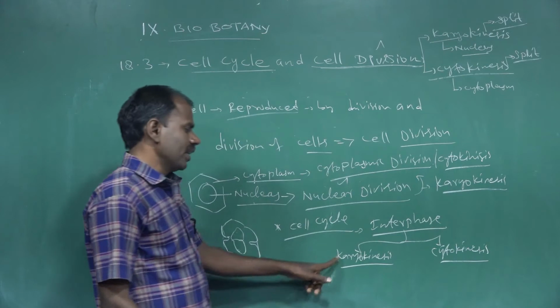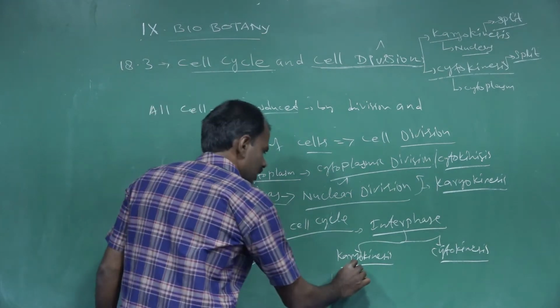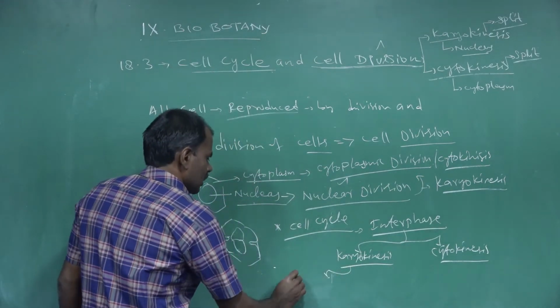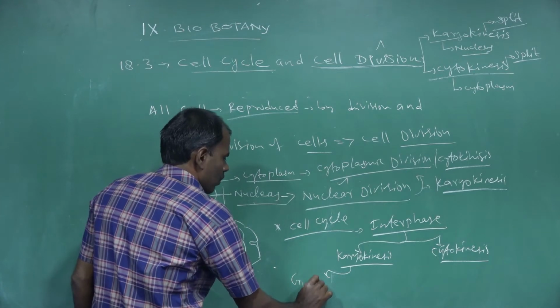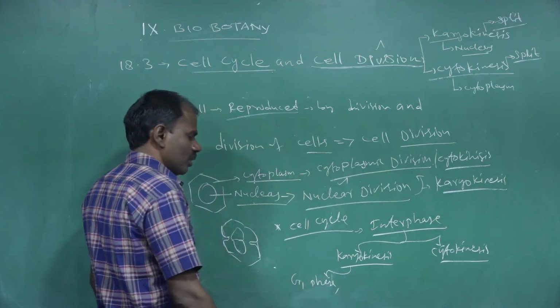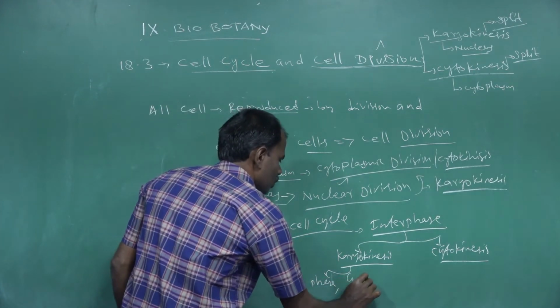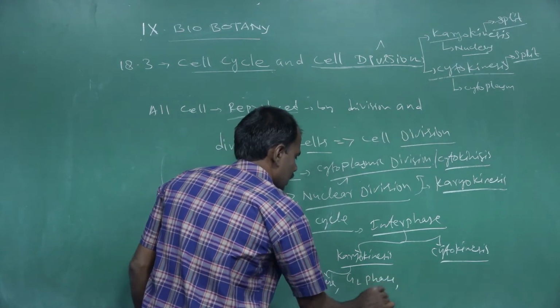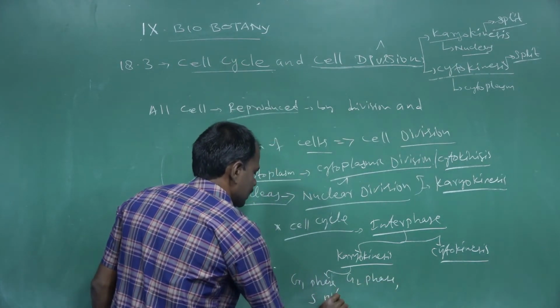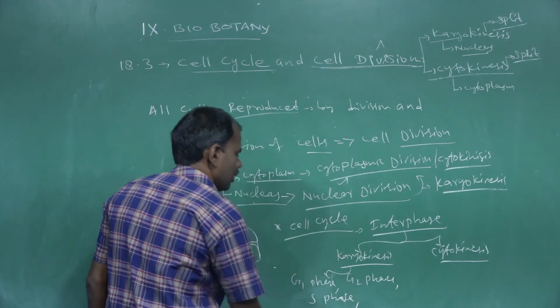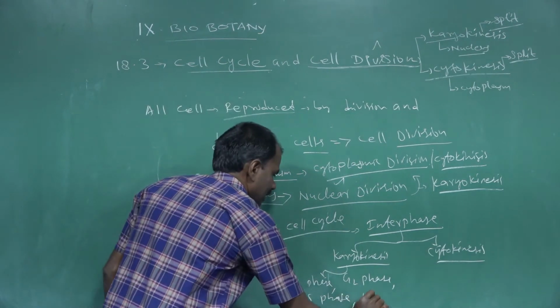In this cycle, there are G1 phase, S phase, G2 phase, and M phase.